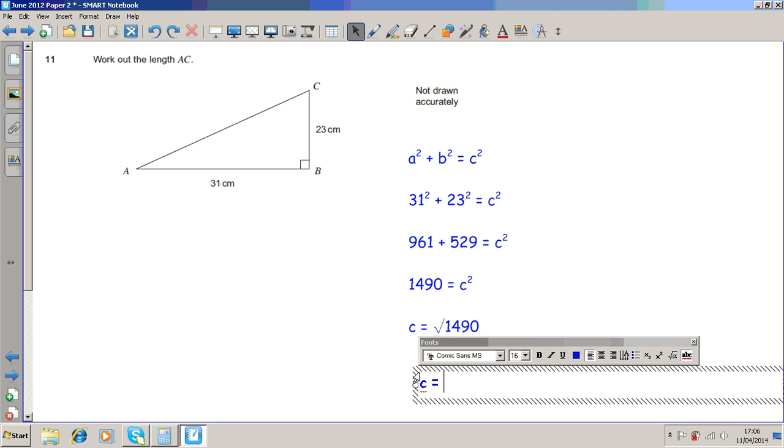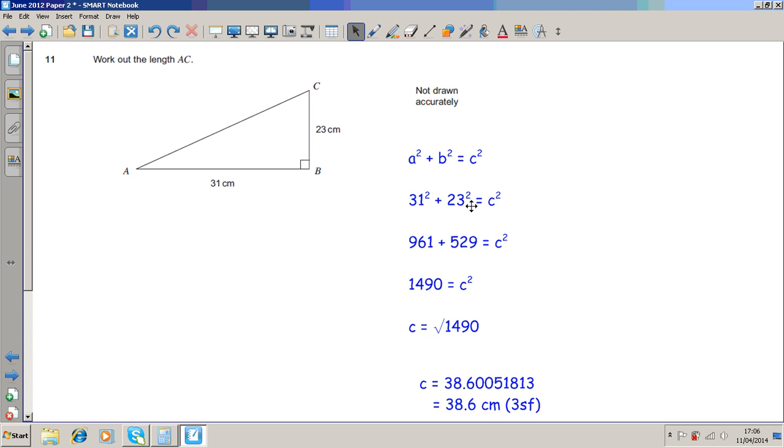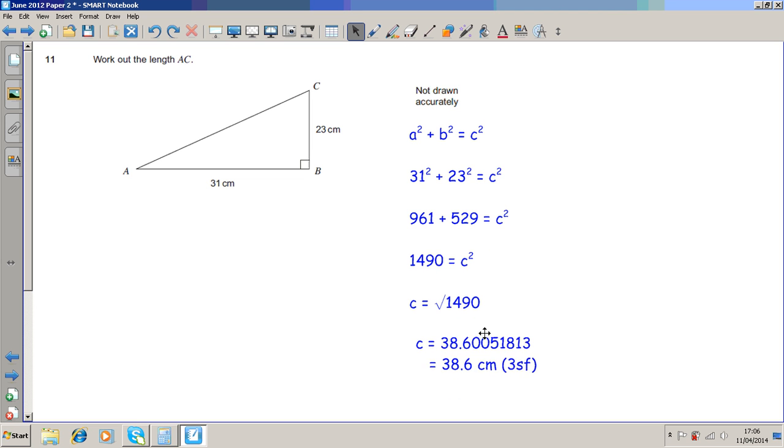So c is equal to square root 1490, which is 38.600518113, which equals 38.6 centimetres to 3 significant figures, or one decimal place, whatever you fancy. And we're there.